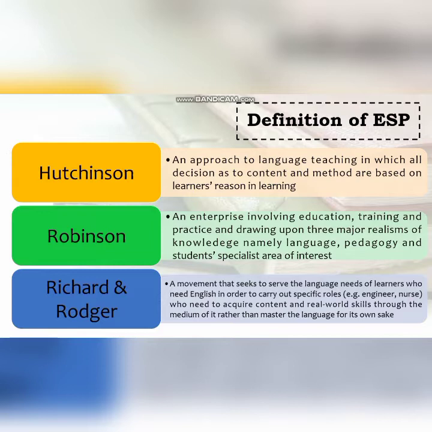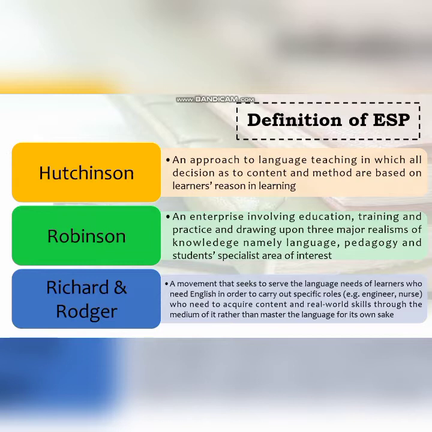And the second one is the definition from Robinson. He said that ESP is an enterprise involving education, training, and practice, and drawing upon three major realms of knowledge, namely language, pedagogy, and student specialist area of interest.